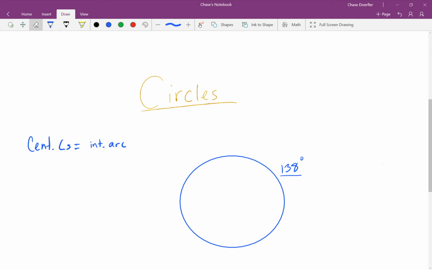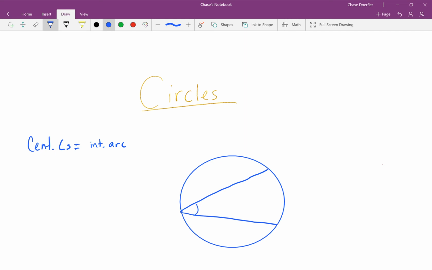Now, moving on to inscribed angles. And I am drawing an inscribed angle. This would actually be made up of two chords that intersect at an endpoint.